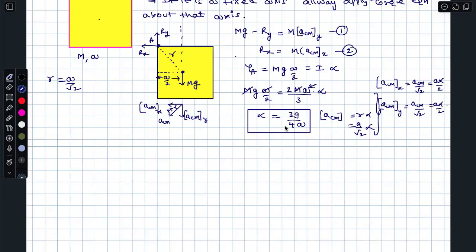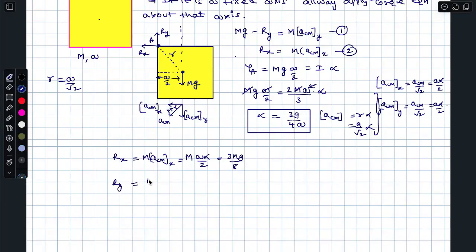Now Rx is equal to m ACMX, which is m times a alpha by 2. Actually, a alpha is 3g by 4, so Rx is 3mg by 8. What is Ry?